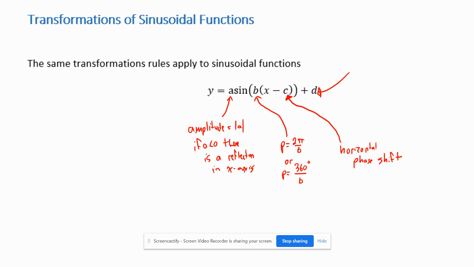Same thing for the d value here. Normally we call this one a vertical translation. I have another very cool name for this one, but this is going to be called a vertical displacement. And those are what these parameters are going to do to our graph.